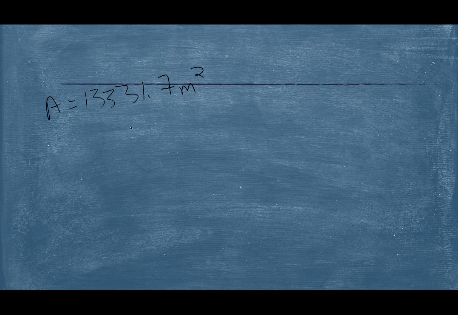So one bag is 900 square meters, so I'm going to divide by 900 square meters. That's what each bag can cover. So I'm going to say that it's going to require 14.813 bags. And what did we say that the cost then?